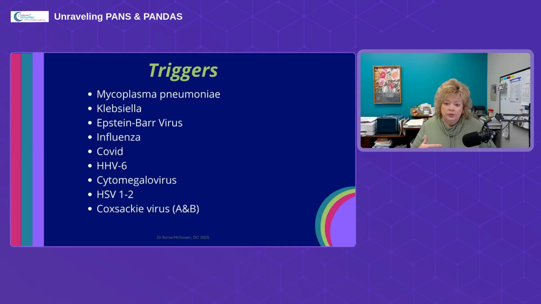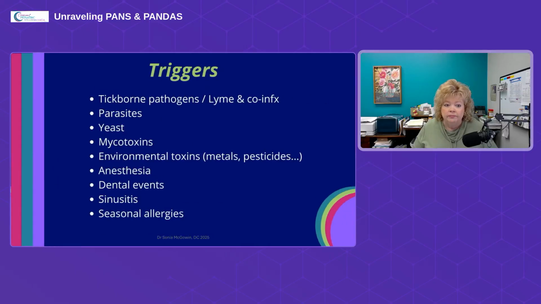Often the immune system gets stuck and just continues to upregulate against these bacteria and viruses and triggers the autoimmune brain on fire situation. We also see tick-borne pathogens as potential triggers. So Lyme and the different co-infections like Bartonella, Anaplasma, Ehrlichia, all of those things. Parasites can be a trigger, as can yeast.